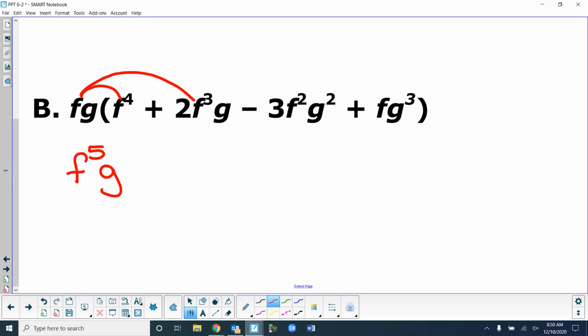How about this one? You just multiply them. 4. Yeah, 4 F's. What's the number in front of this here? 1. What's 1 times 2? What's G times G? Very good. You're on a roll now.